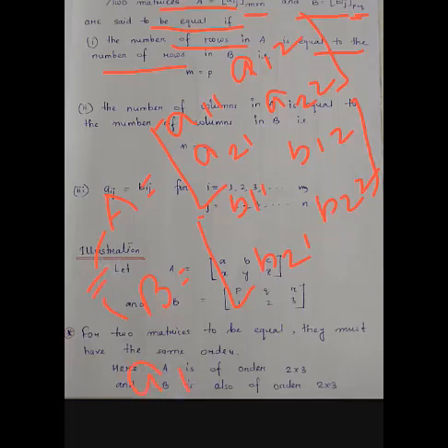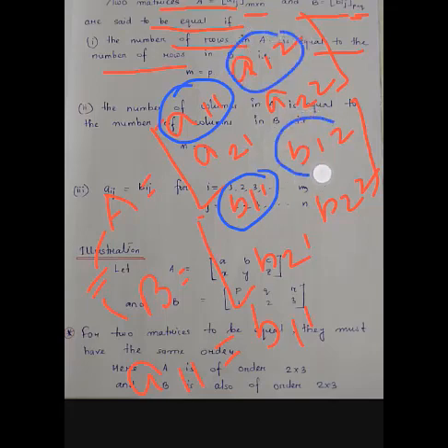The corresponding elements should be equal. When we try to find the corresponding elements, this element and this element, meaning the first row, first column elements, are corresponding. Similarly, this and this elements are corresponding. Similarly, this and this, and at the same time this and this.